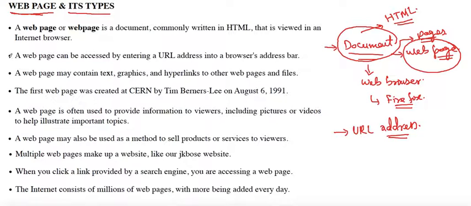A web page can be accessed by entering a URL address into the web browser's address bar. If you want to access any web page, we have to enter its address into the browser's address bar. For example, to access the web page of the Google search engine, I have to write www.google.com.